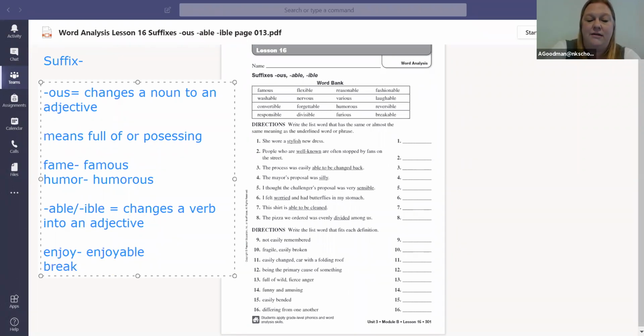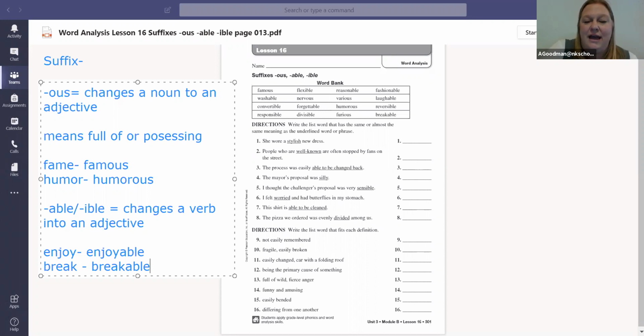I break this glass, or I am breaking this glass. This glass is breakable. If you put able at the end, you are turning that verb, that action, into an adjective to describe the thing that you are enjoying or breaking.